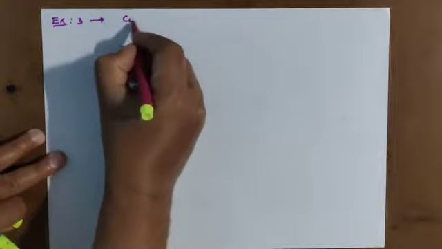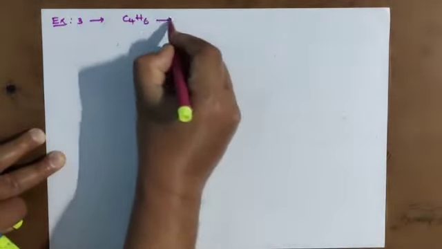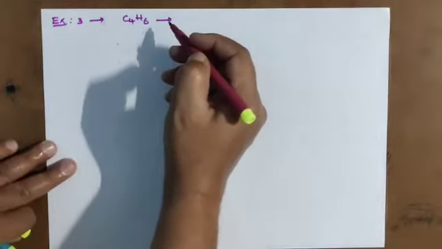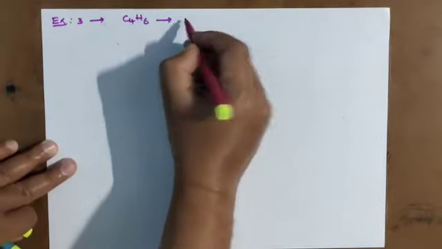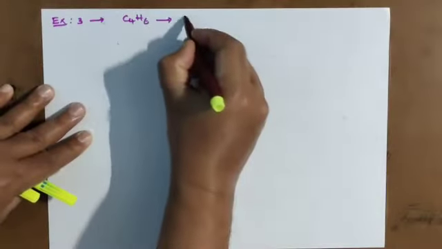Look here, example number 3. Example number 3, I am taking C4H6. How many structural isomers are possible? Total, find the number of structural isomers. First we have to calculate DBE.